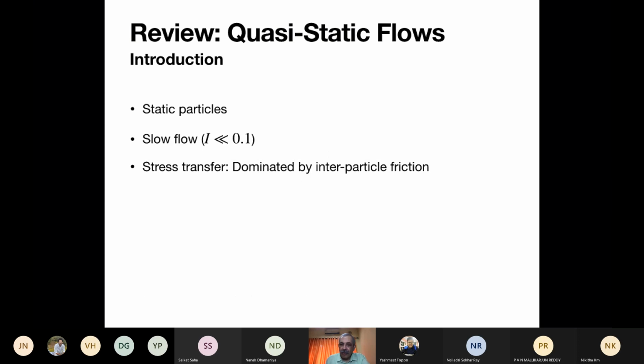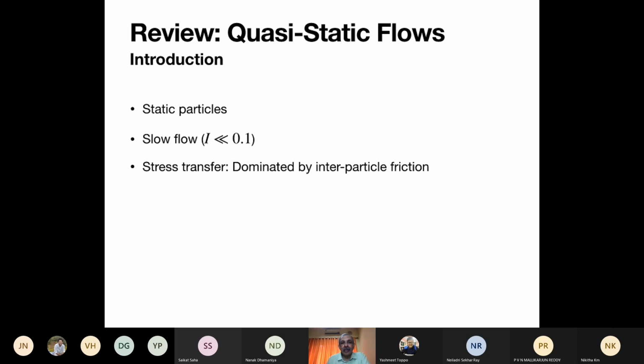So we talked about either static particles, like let's say you just have a container full of particles, or you have very slow flow, that is your inertial number is much less than 0.1, and in these cases the stress transfer is dominated by interparticle friction.